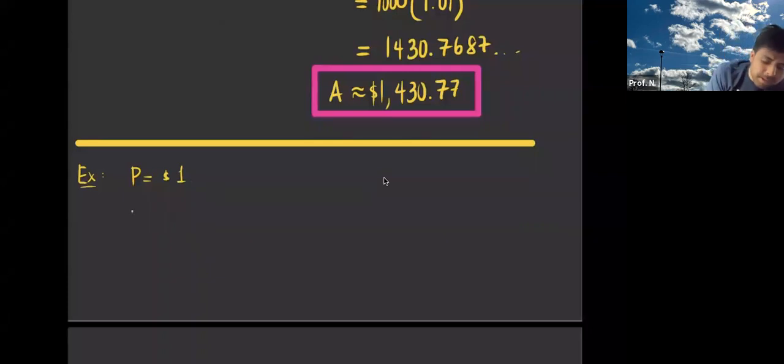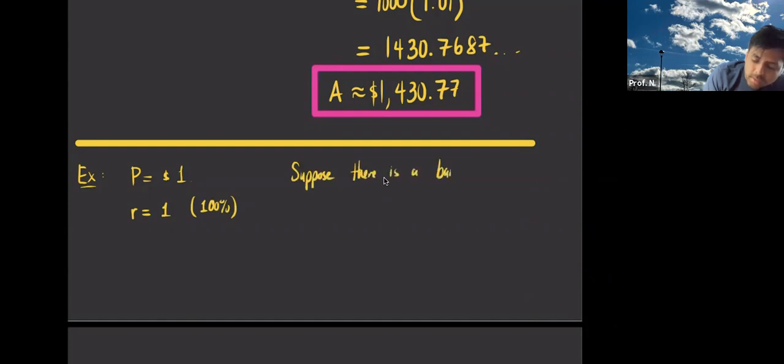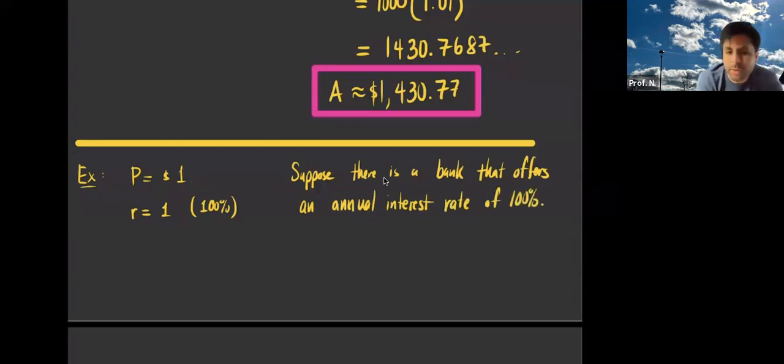So suppose my interest rate r is 1, which means the decimal is 1, which means I have 100% interest. Suppose there is a bank that offers an annual interest rate of 100%, so immediately r equals 1, right?